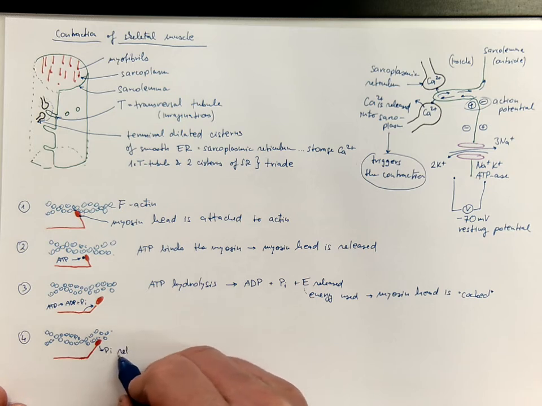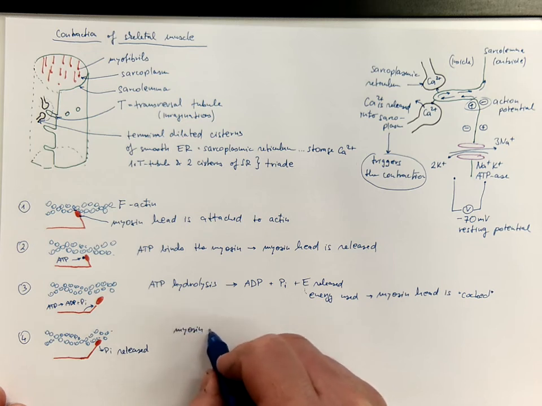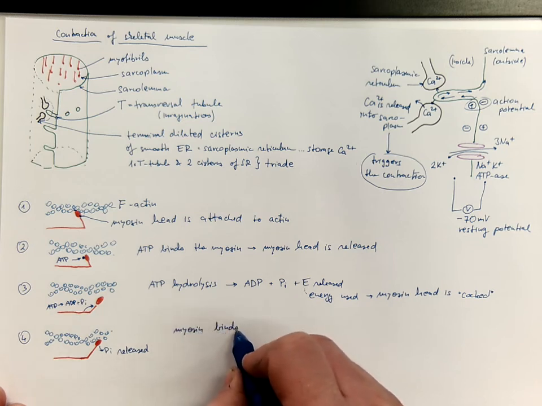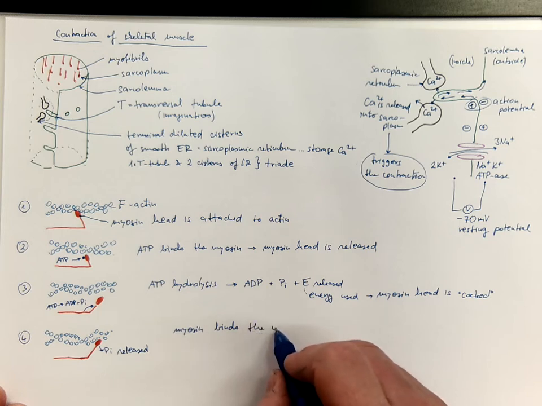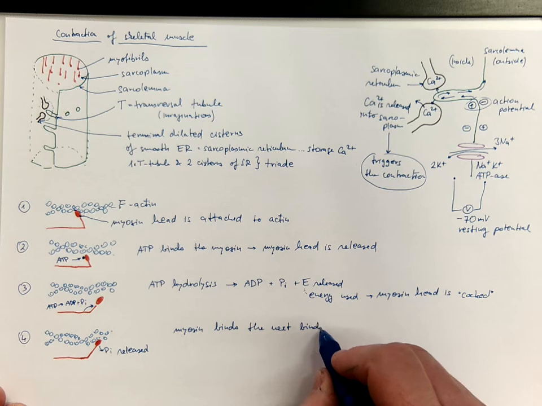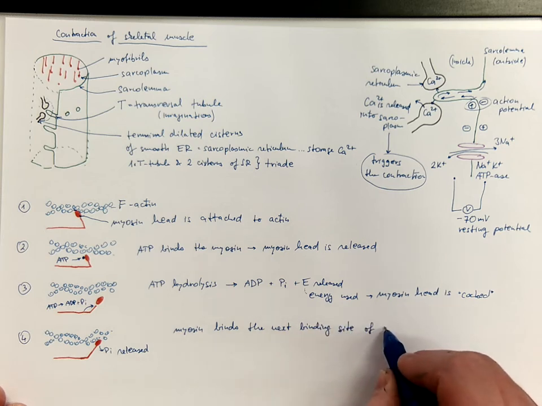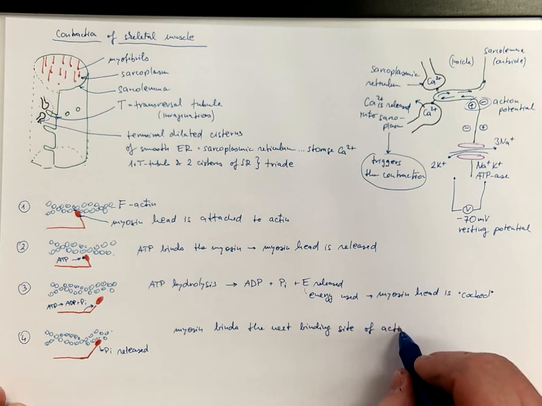The activated phosphate is released, and myosin binds the next available binding site on the actin filaments.